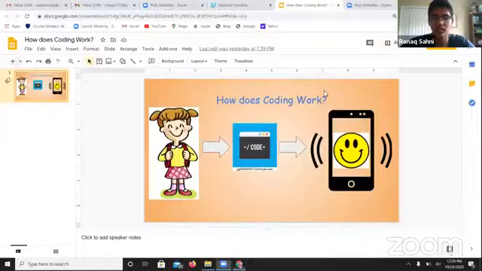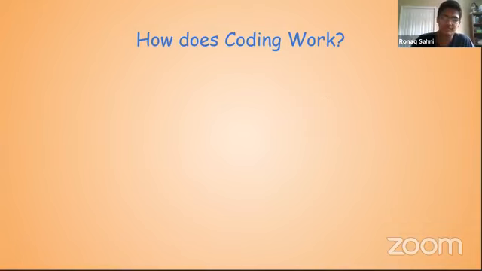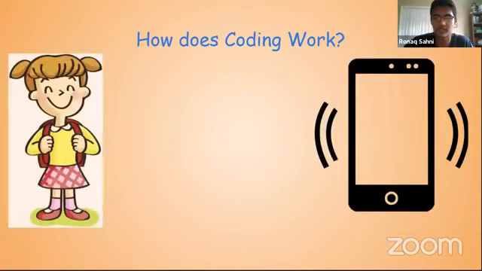Okay, cool. So I'll share my screen now, and we'll dive into everything that Yulia just said. So let's start with the basics, right? How does coding actually work? Well, let's say you have a phone, right? And then there's us.